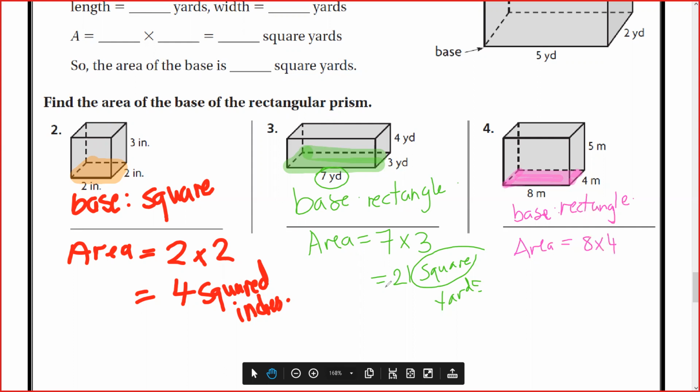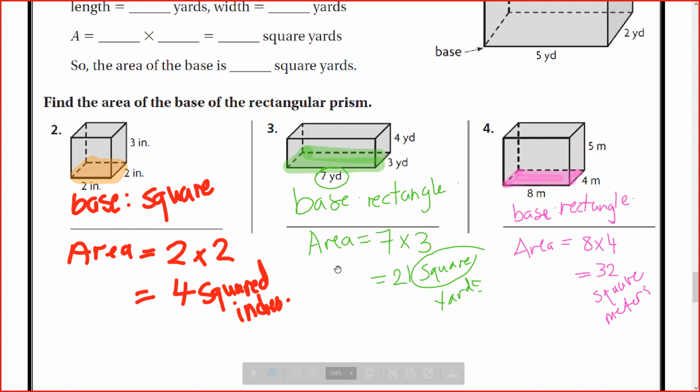Bravo. Which is? Thirty-two square meters. Okay. Is it clear? Yeah. I'm waiting for you.